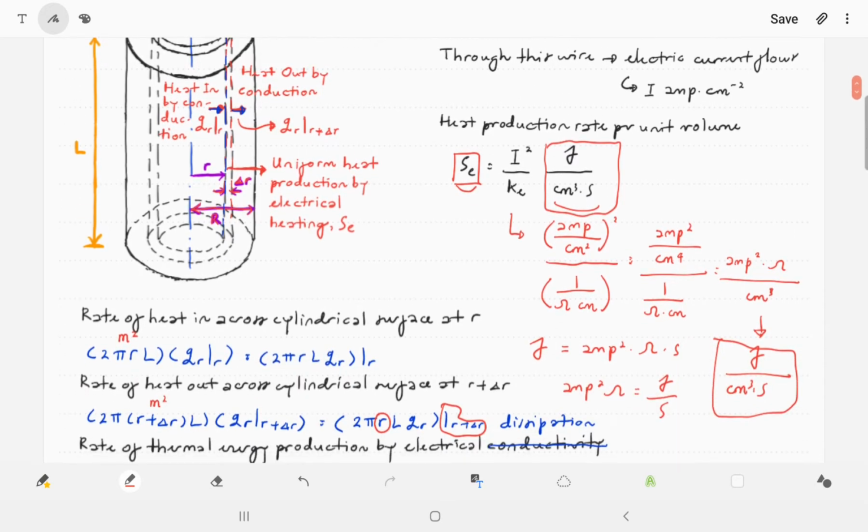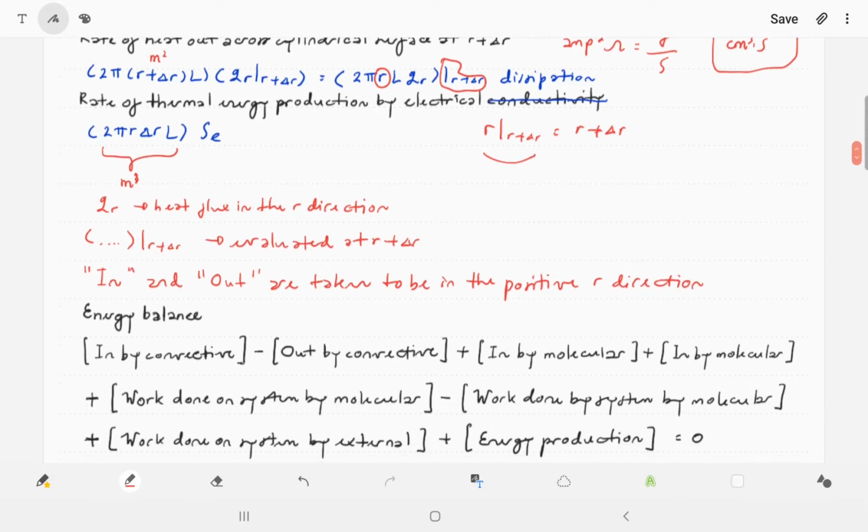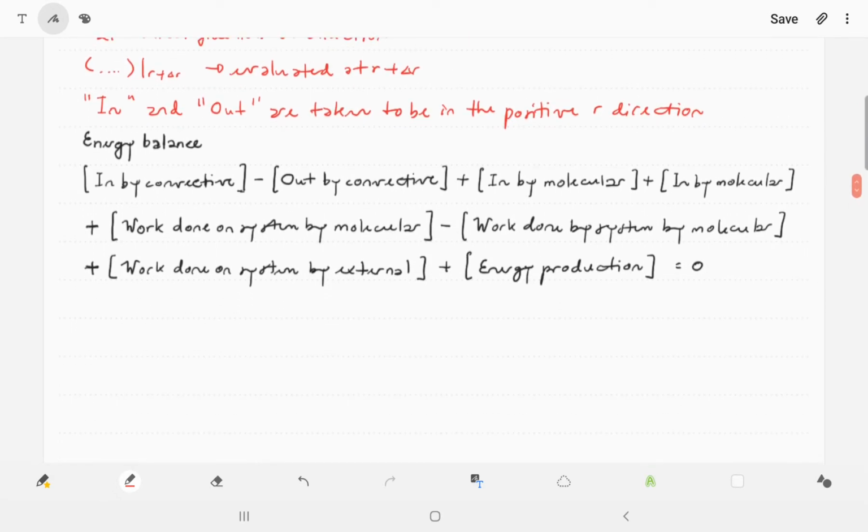After we derive these three quantities of interest, we can substitute them into the energy balance. Here we only have in by molecular, minus out by molecular, plus energy production.